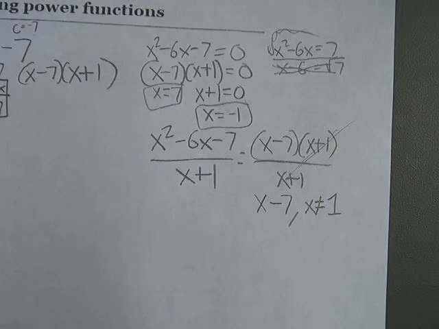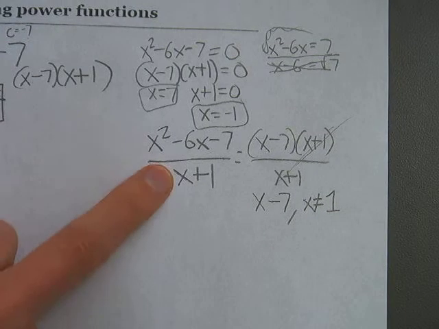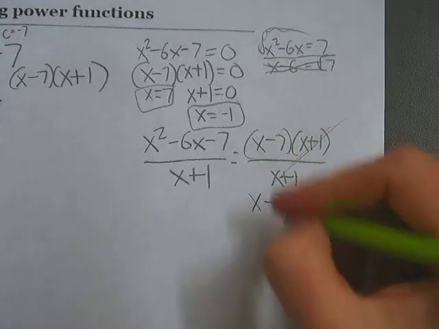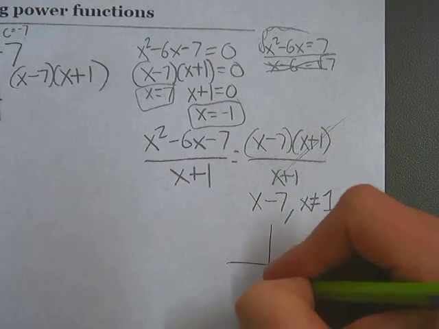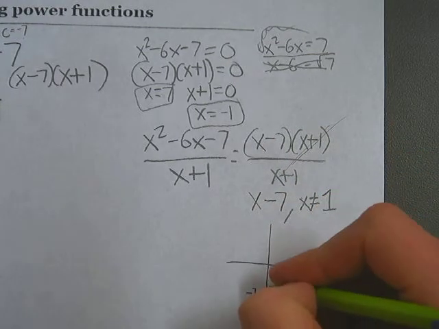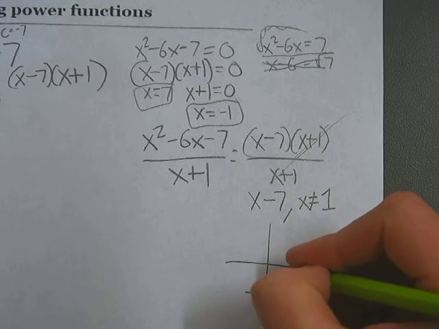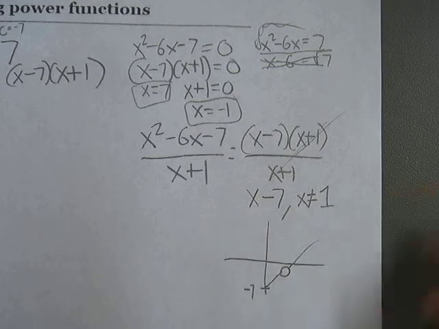So it's a way of simplifying something janky looking into something nicer looking. We just know that this line goes through -7 down here, cruising up at a slope of 1, and then we get to the point -1, and we're like, hole, and then we keep going.